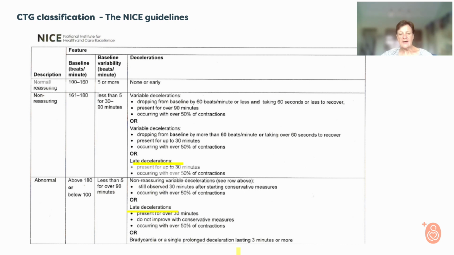Then one's supposed to start with resuscitation, and the moment that we start with resuscitation and there's an improvement in the condition, then obviously it stays non-reassuring or it even goes to normal. But if the late decelerations do not improve with resuscitation, then it becomes abnormal, and obviously labor needs to be expedited.